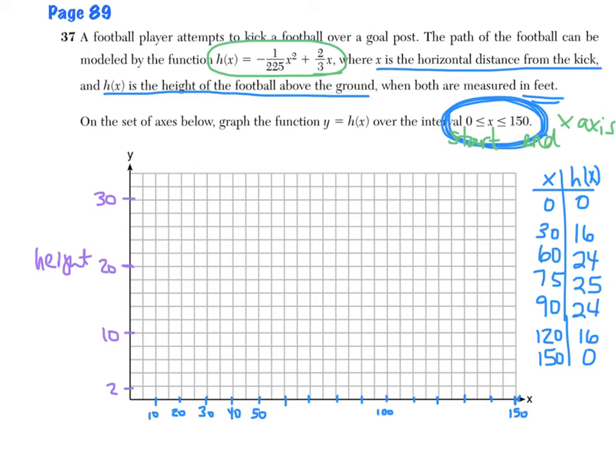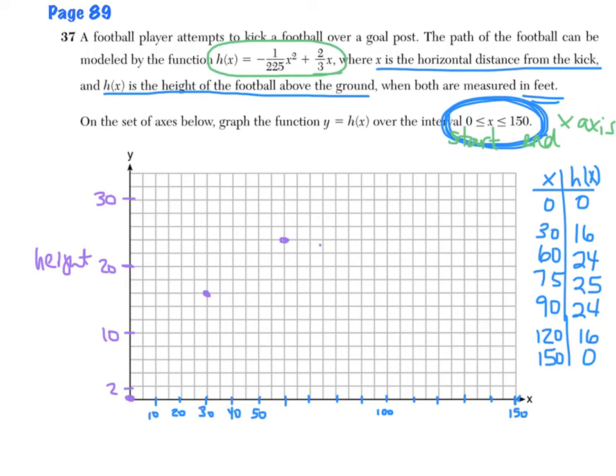So then I'm going to go ahead and plot those points on my graph. And you should be doing it along with me on yours. So 75 is obviously halfway between 70 and 80.